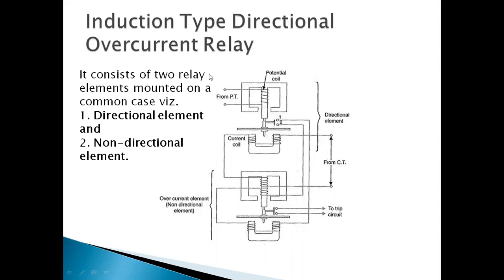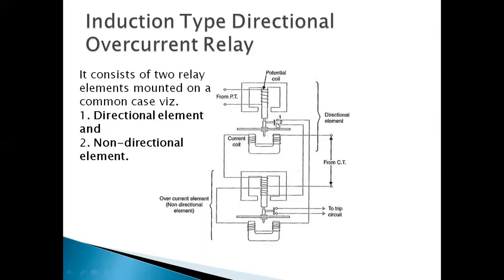When the normal current is flowing, from the potential transformer and from the current transformer, the flux is set up here, and these two fluxes, phi 1 and phi 2, will produce torque.